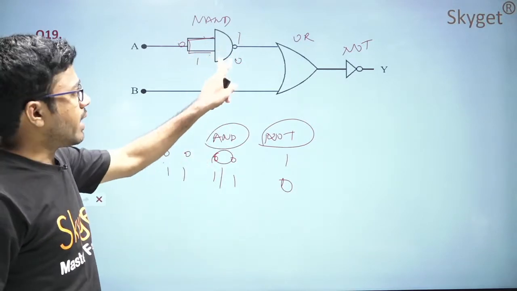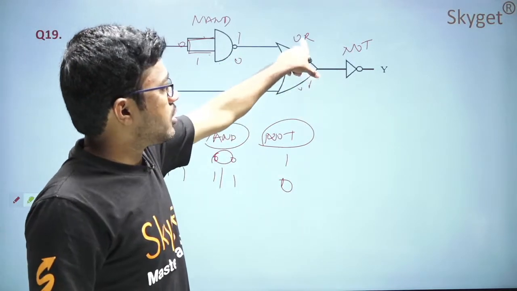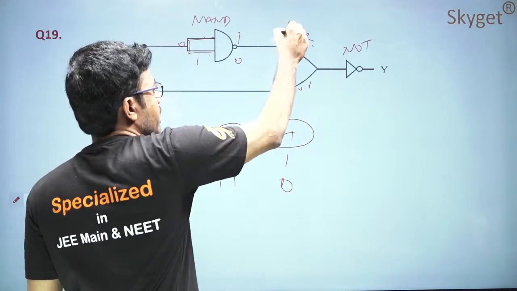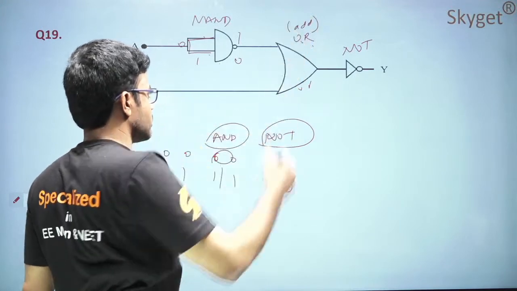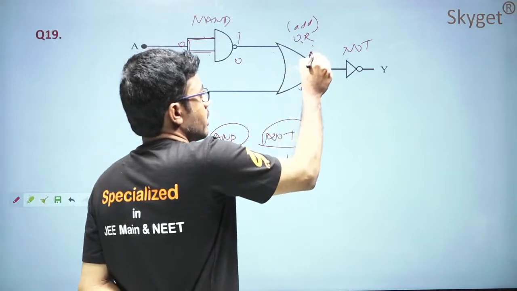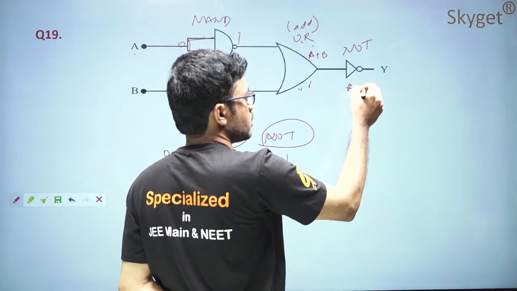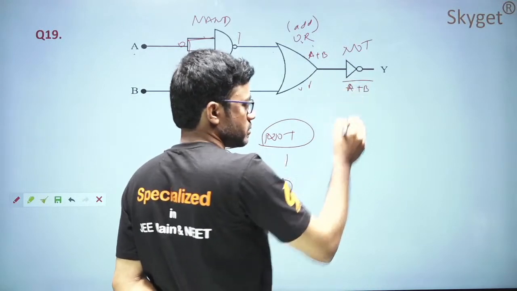So it is acting like a NOT gate. Next, you have the OR gate. OR means you have to add the inputs, so A plus B, and you invert it again. So A plus B whole bar, right?